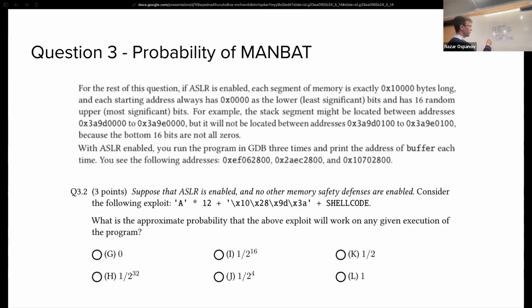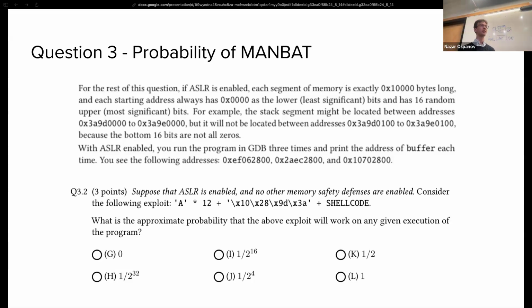Since the buffer's least significant bytes start with 2800, the address of the instruction we want to point to is going to be 8 plus 4 plus 4 bytes above, which is 16, right? So this is where it comes from. 16 in hex is 10. And that's why x10 is the only least significant byte that will work.